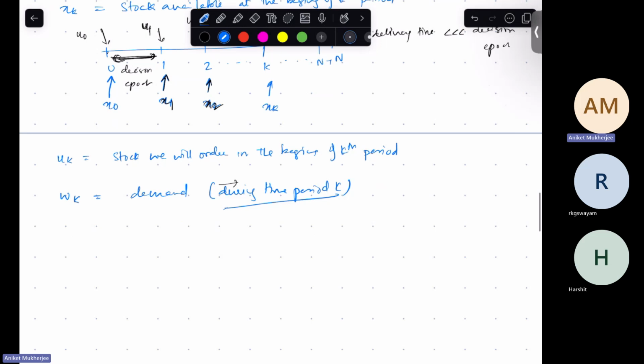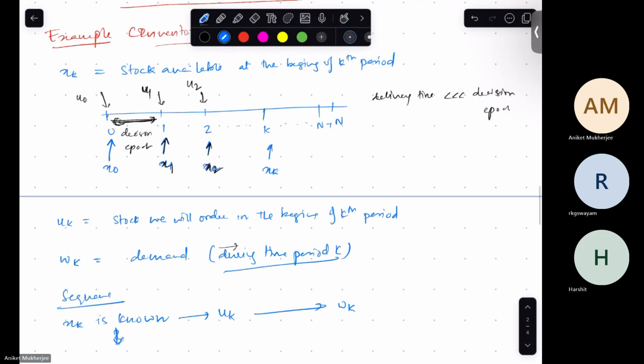So basically, I'll write out the sequence once again. The sequence is: xk is known, then you choose uk, and then wk is realized in the real world. One more assumption I'll make is that inventory can become negative.